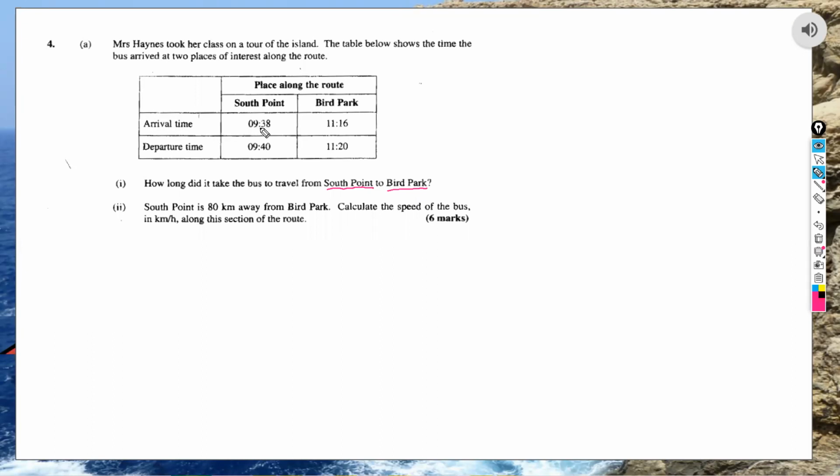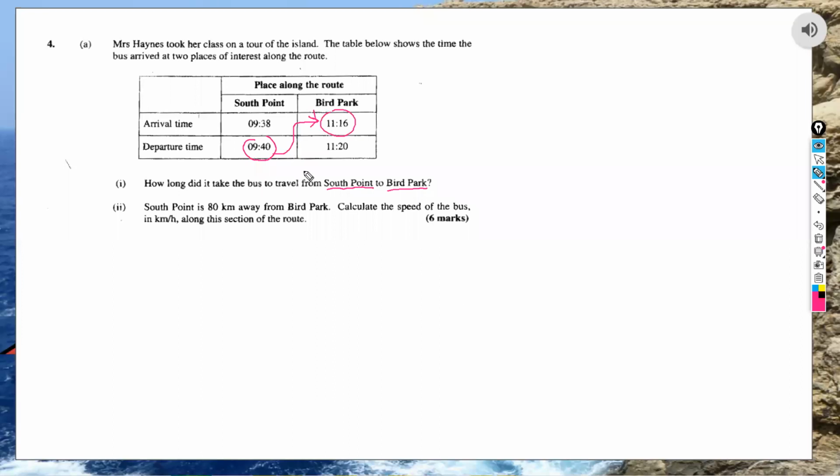They arrive at South Point at 9:38, but they leave at 9:40. So they now leave South Point and they're going to journey and arrive at where? Bird Park, which is at 11:16. So they only want the time between the pink values here, the circled pink values.